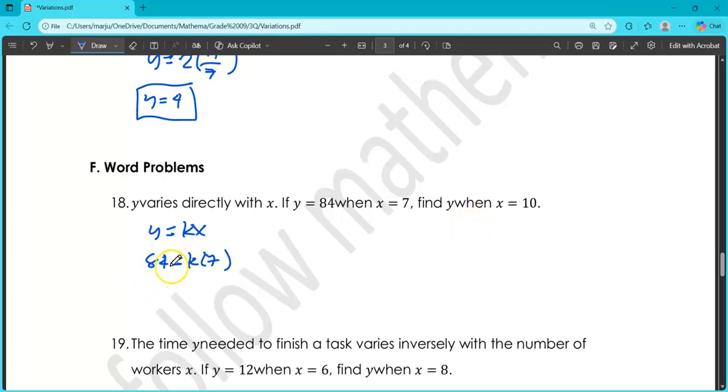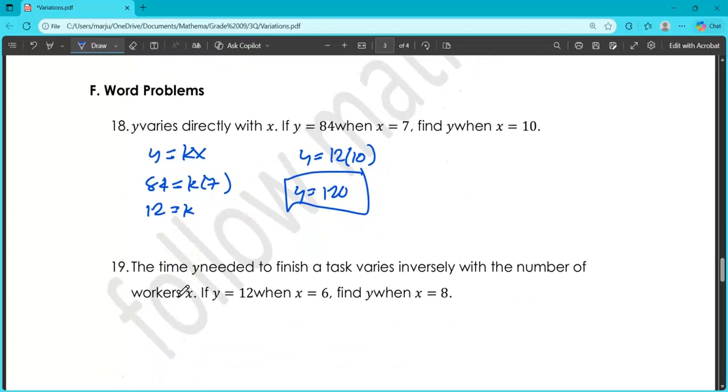So first we need to solve for k. What is 84 divided by 7? That will just give us 12, right? So 12 equals k. Since k is 12, we're going to say y equals 12 times 10. This is 120.